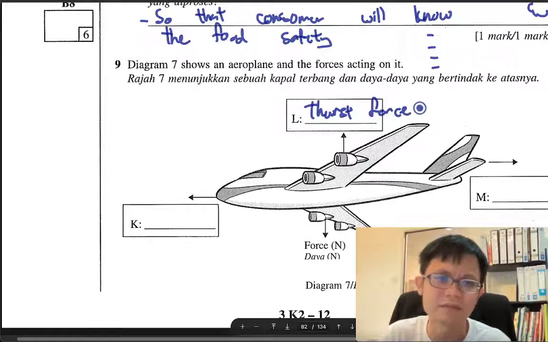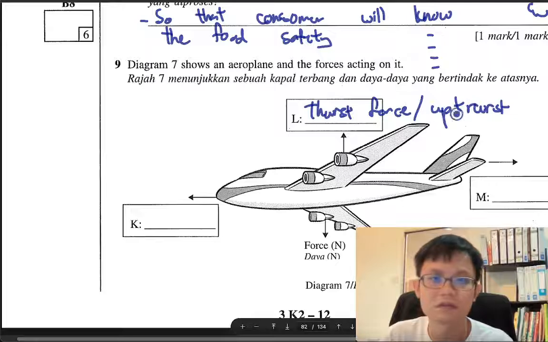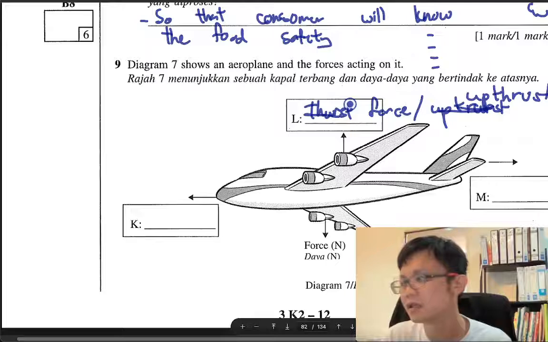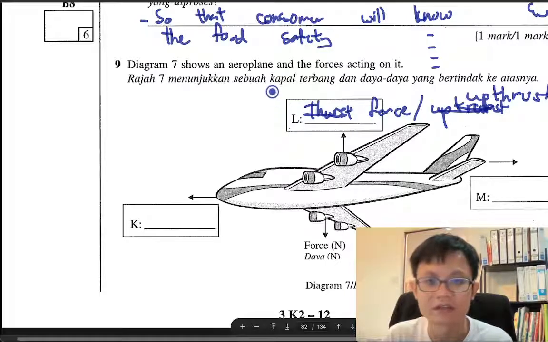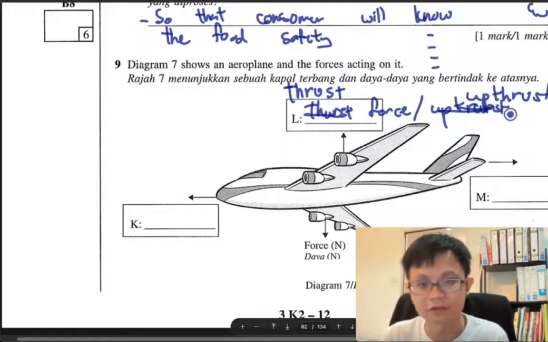Usually I remember it as up thrust, but the book says thrust. Sorry, I spelled it wrong. Up thrust. Okay, so this one is thrust. Sorry, my spelling error. Thrust force. The book answer is thrust force, but usually I write up thrust.